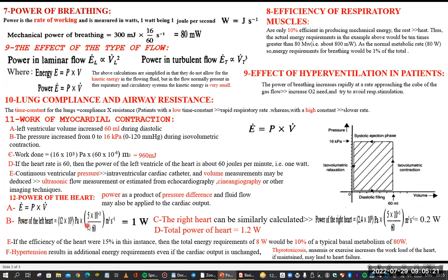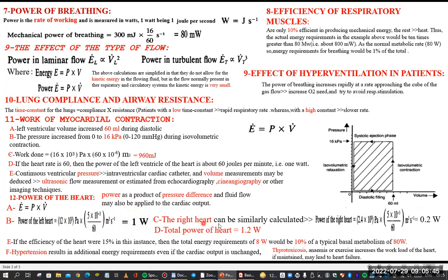Of course, we can also estimate the power of the heart, as long as we know the work of the heart, and we know that the rate of the heart is around 60. So whenever we divide by 60, it will yield 1. So the end result is that the power of the left ventricle is around 1 watt.